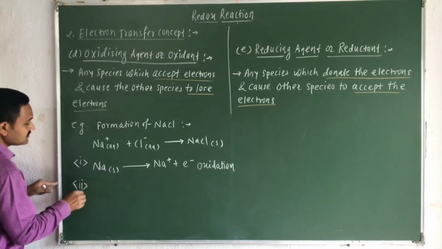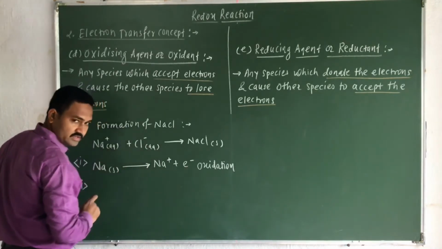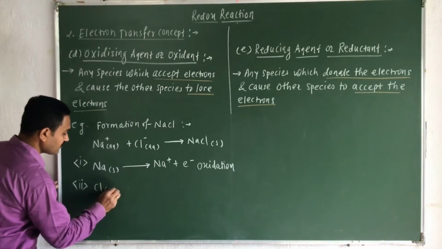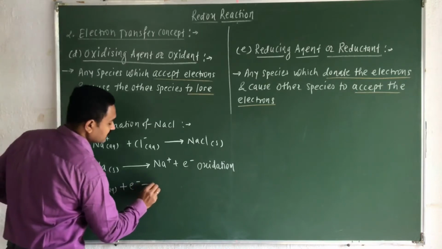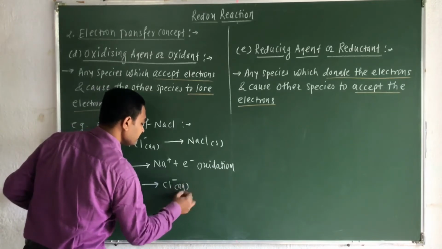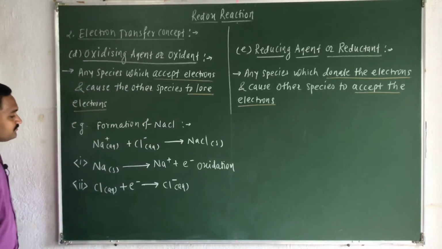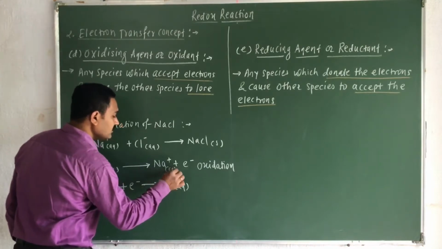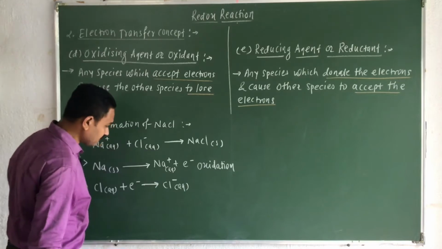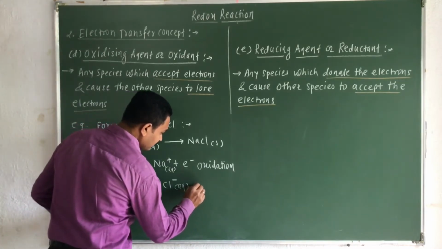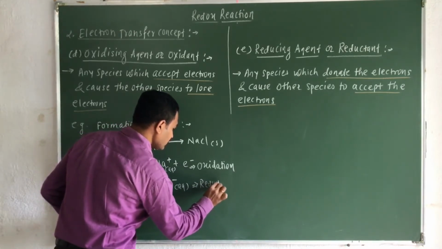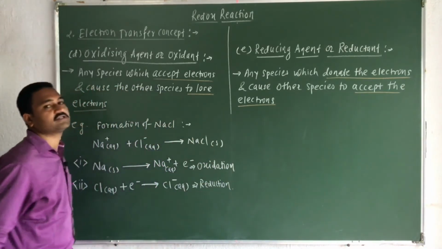The electron which is lost by sodium is taken by Cl, and it is converted into Cl-. So here you have to remember there is a formation of an ionic bond between sodium and the chlorine ion. As there is a gain of electron, this process will be the reduction process.